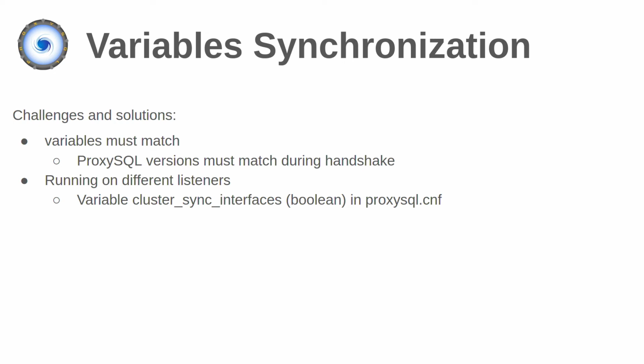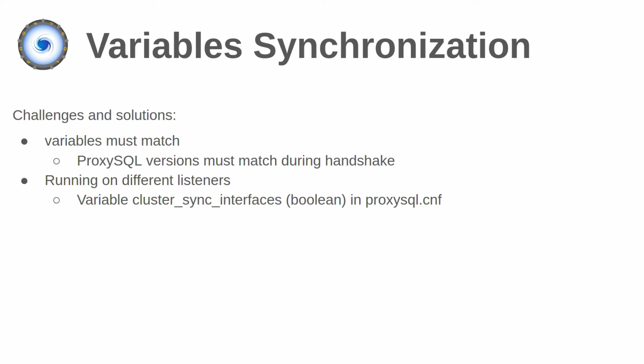Of course, this variable is not part of the admin variables because it cannot be synchronized. It would defeat the whole purpose. So it is actually a configuration that can only be changed in the configuration file.